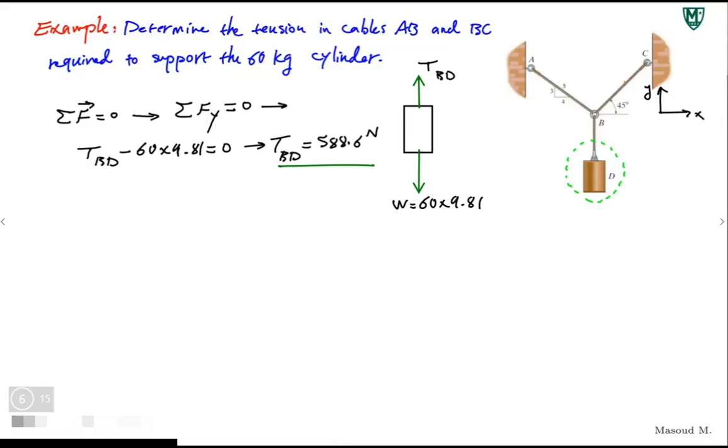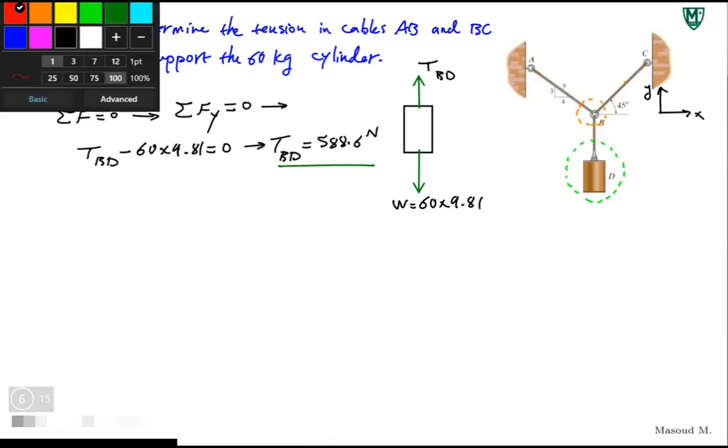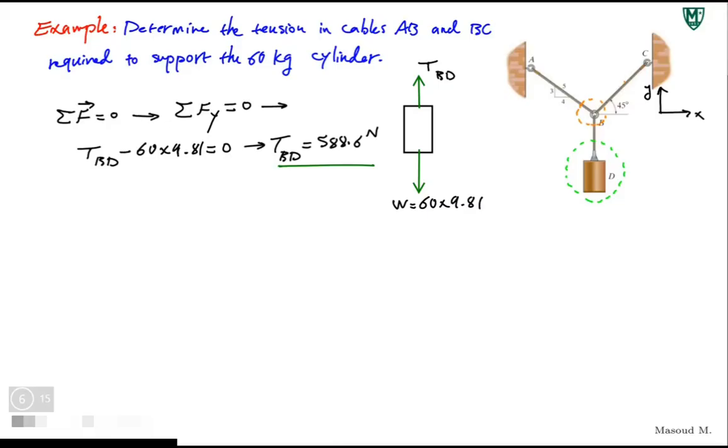So the next step, I'm going to isolate this part, ring B, and see what happens there. So this is for the cylinder, and this is for ring B.